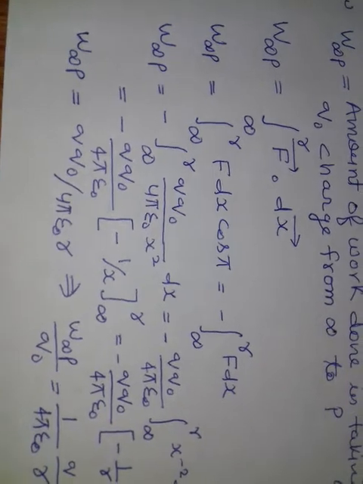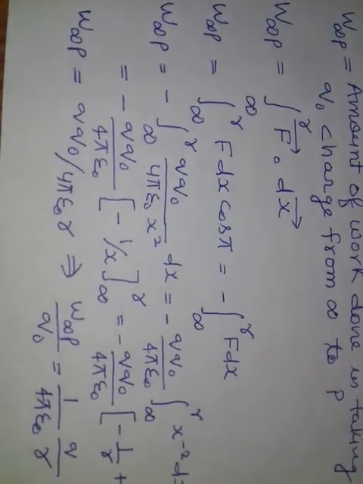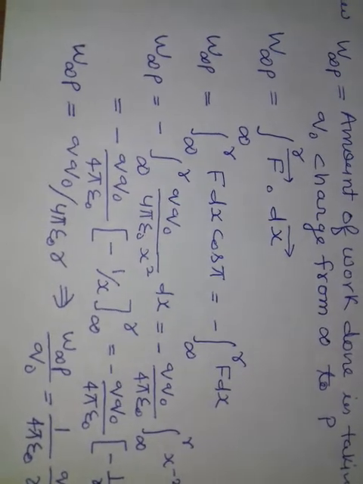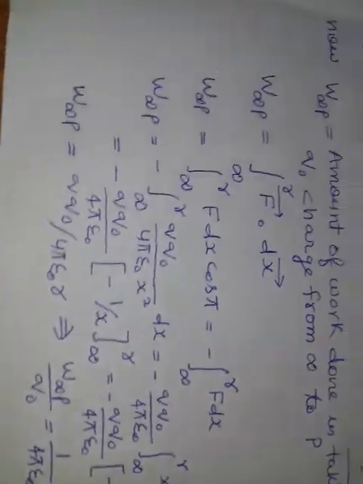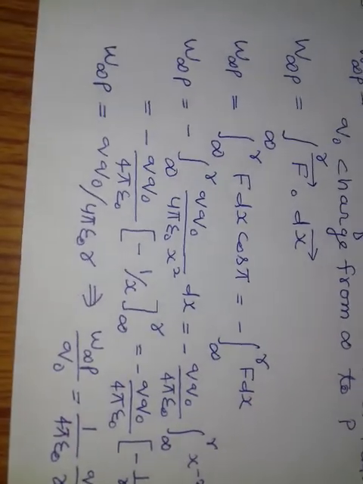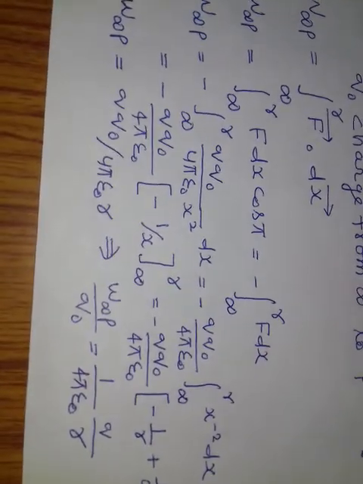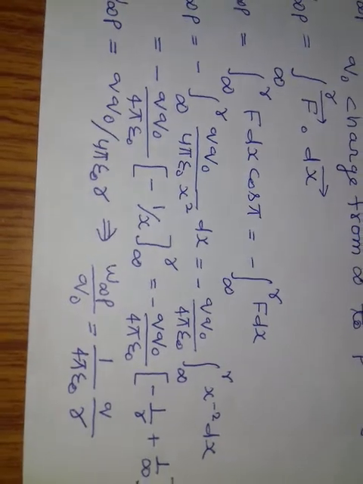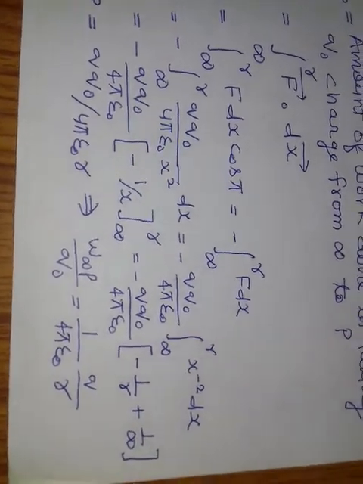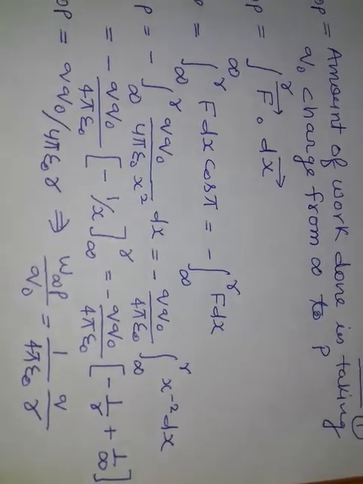Q naught upon 4 pi epsilon naught is treated as a constant, so this can be taken out from the integral. So W infinity to P is equal to minus Q naught upon 4 pi epsilon naught times the integration from infinity to r of x to the power minus 2 dx.